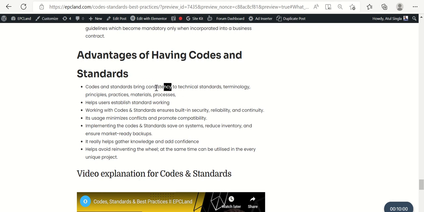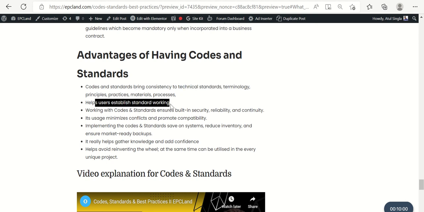If there are 100 clients and they use codes and standards, then everybody will be using the same kind of dimensions, rules, safety aspects, and inspection criteria. This will bring consistency globally to the technical standards. All the technical specifications and standards will be developed based on these rules. This is a major benefit, so everybody will be talking in the same manner.